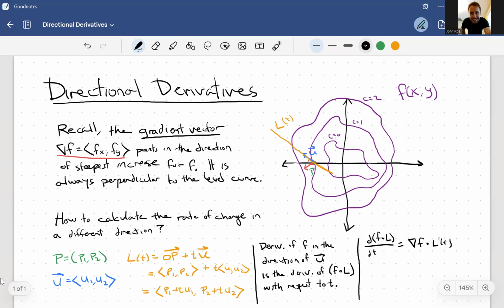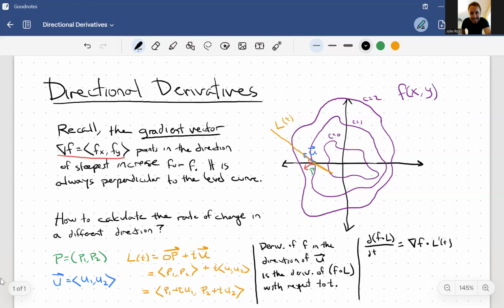And so we've identified this once we can calculate the derivative of L. Now, going back to our definition, remember P1, P2, U1, and U2 are all constants. The variable here is t.